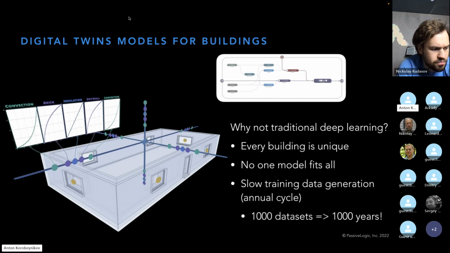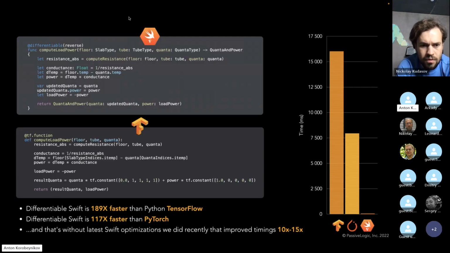Another problem is that training data generation is pretty slow, because we need to gather data from the whole annual cycle. That means that if we are to learn on 1,000 data sets, we either need to wait for 1,000 years or look into many different buildings. And this doesn't scale well.